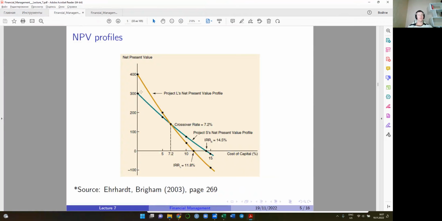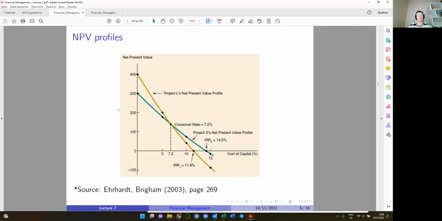This greenish line, emerald, whatever, shows us the NPV profile for project S. It starts with 300 here, then it goes to 180 under cost of capital 5%, then it goes to almost 100 under cost of capital 10%, and then it's here minus 8, 33, and cost of capital is 15.